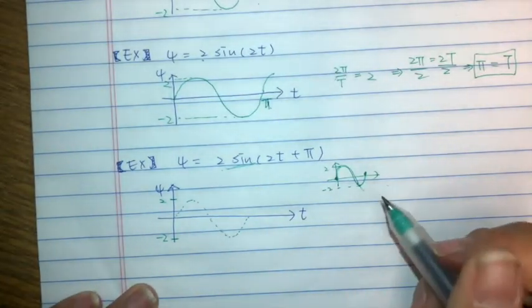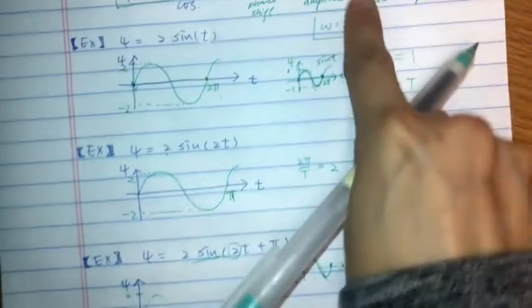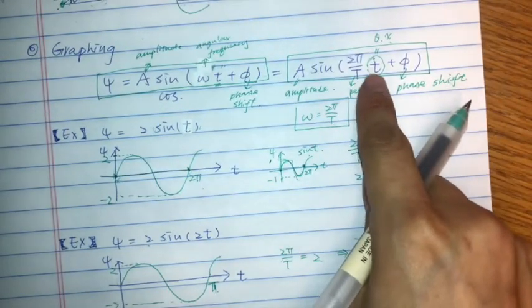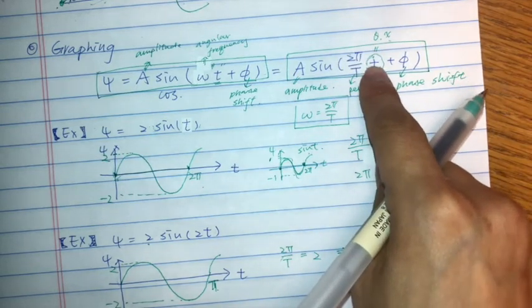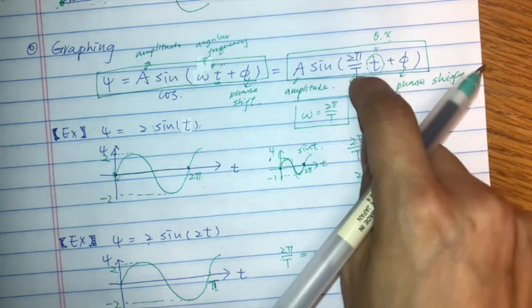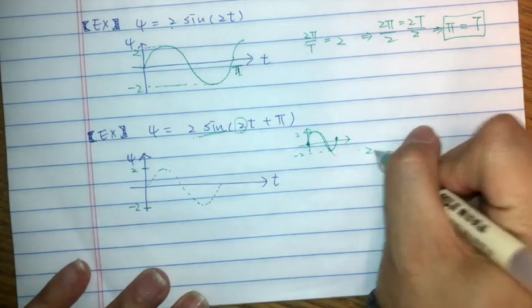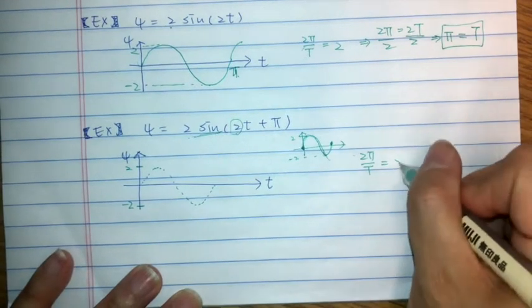Okay, and this number is related to the period, right? 2 pi over t. So again, whatever the number is before the variable that you're interested in, that is 2 pi over t. Okay. So now 2 pi over t is 2, the same as this one.